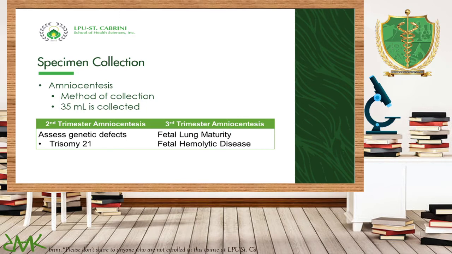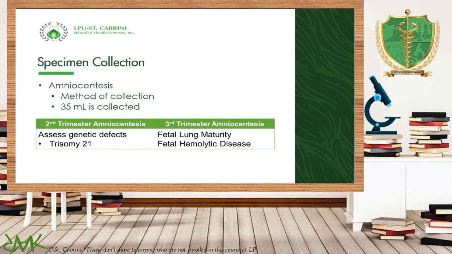During the first trimester of pregnancy, approximately 35 ml of amniotic fluid is derived primarily from the maternal circulation. Meaning to say, the first 3 months of pregnancy, that is the major contributor of your amniotic fluid. But like what I said in the previous slides, after the first trimester, it is now the fetal urine that is responsible for this amniotic fluid.